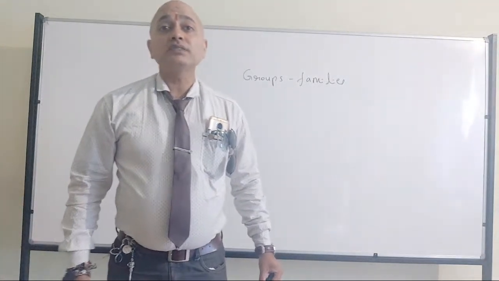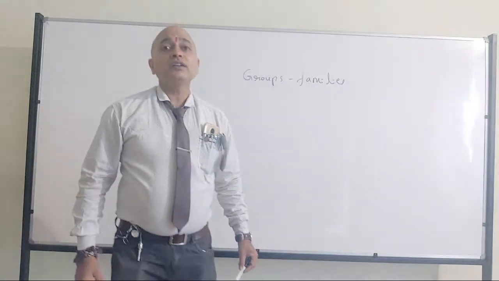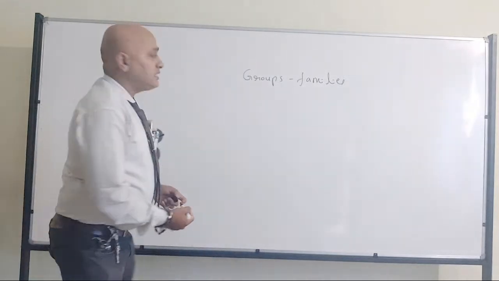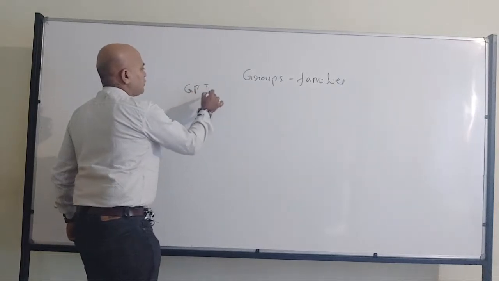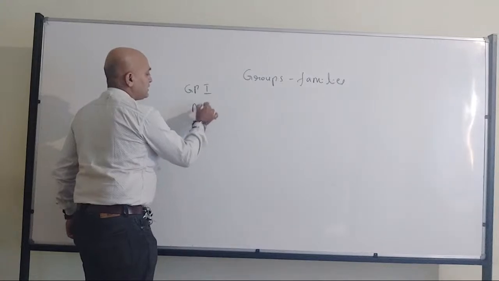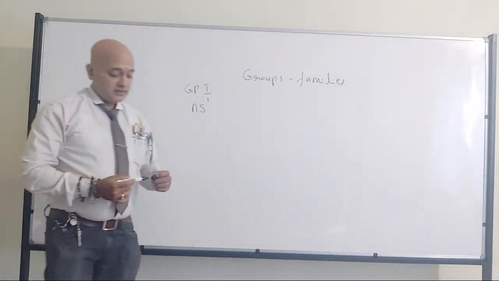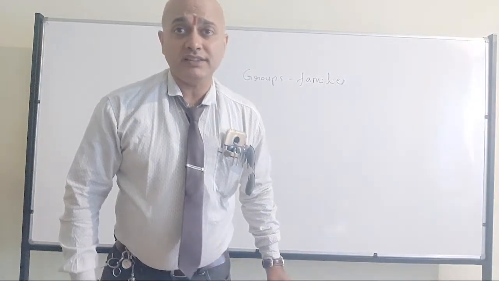That is because of the similarity in the outer electronic configuration. If I take group 1, all of them will have the outer electronic configuration ns1, where the n value depends on which period we are dealing with.